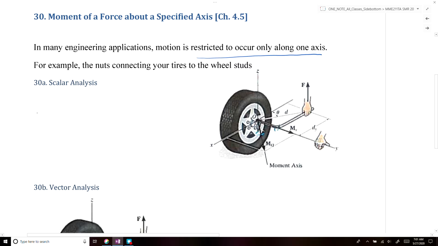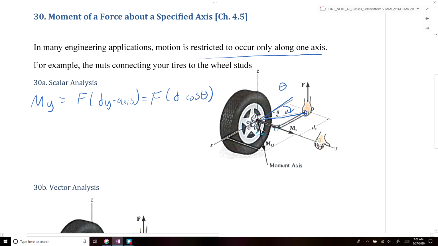Specifically for this case, if you were trying to loosen a lug nut on your tire using the L-shaped wrench shown in the picture, the moment about the y-axis, which is the only axis that the bolts can rotate about, would be equal to the force applied by the operator times the distance to the y-axis, which is equal to F times d times cosine of theta, where theta is between the negative x-axis and the length from the origin to where the force is being applied.